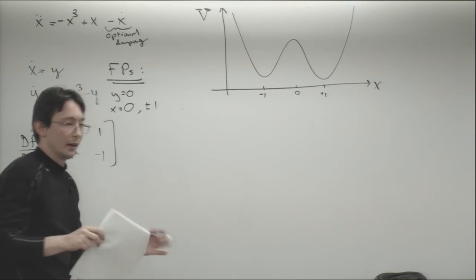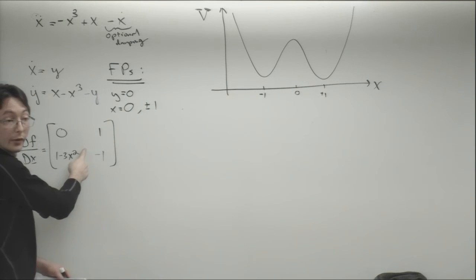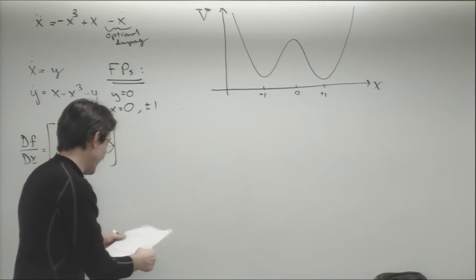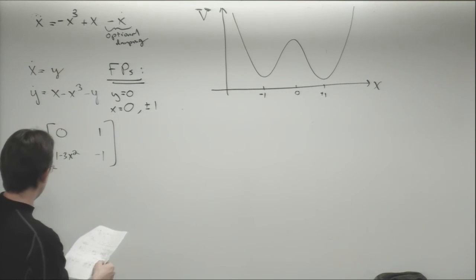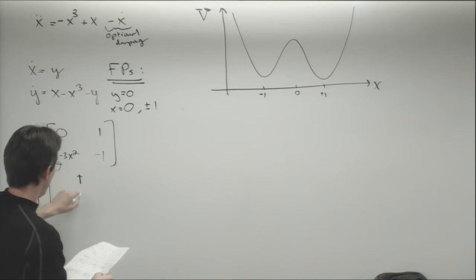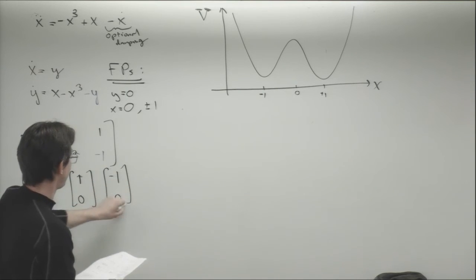Okay, now in MATLAB you can just plug these fixed points into this equation, and you can get the eigenvalues and eigenvectors. And what we're going to find is that our fixed points are 0, 0; 1, 0; and minus 1, 0.